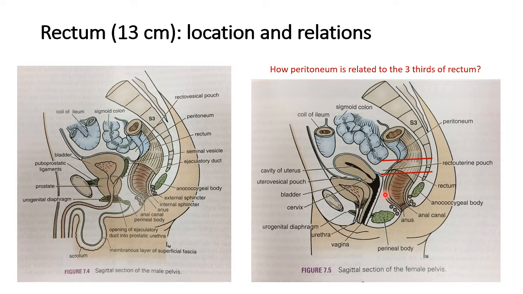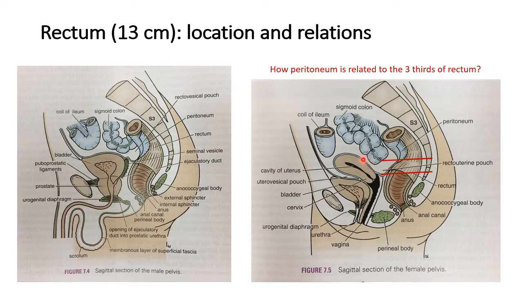In females, it's the posterior surface of the vagina, and you should also include the sigmoid colon. Now you should also be aware of these pouches. In the female, this is the recto-uterine pouch where the sigmoid is located.